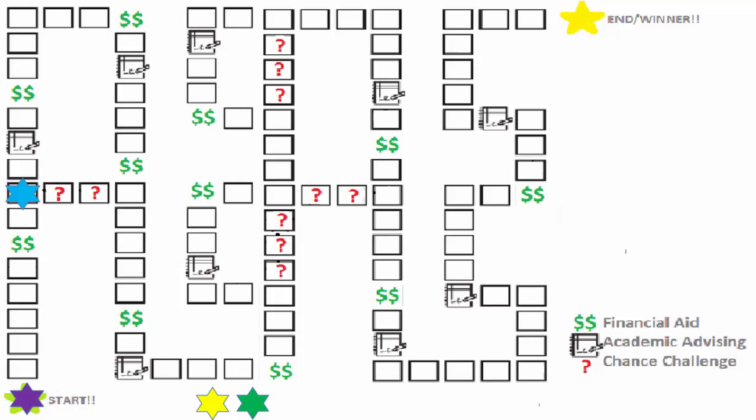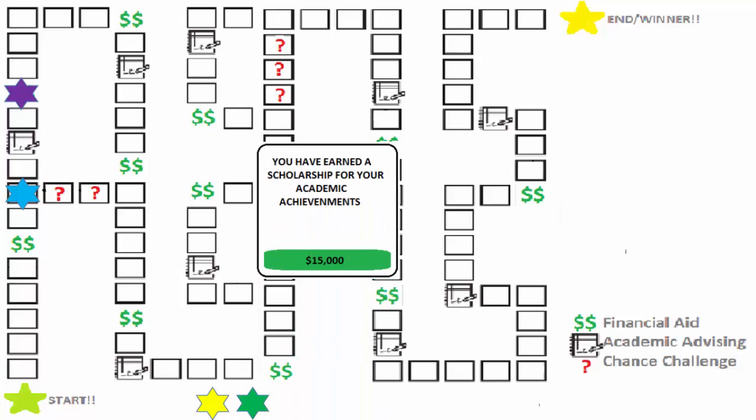The next player has rolled a set of 6s, so the player will proceed 12 spaces. This player has landed on a Financial Aid tile, so they will pick a card from the Financial Aid deck. As explained before, Financial Aid cards allow the player to earn money, and this will be stated on the player's card.